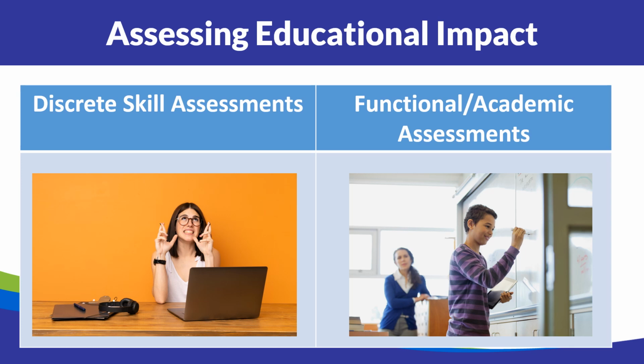Now, on the left, what I'm showing here is what we have to do when we look at discrete skills. We have to kind of cross our fingers and hope that they track onto academic outcomes. So, is there any academic standard that says that children must be able to repeat sentences with increasing length?